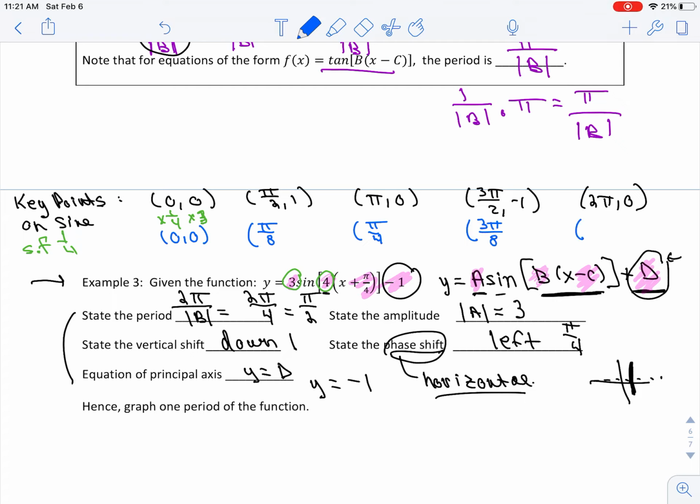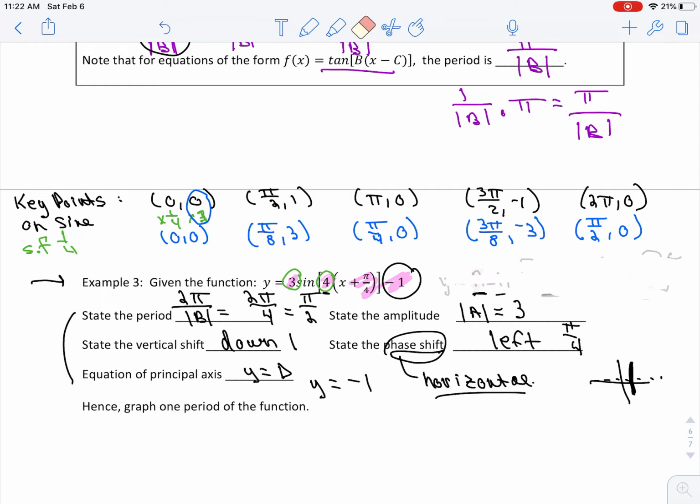And then I'll have 2 pi over 4, which is the same as pi over 2. All right, then I'm going to go through and multiply all my y values by 3. So this next one will be 3. The next one will be 0. Next one will be negative 3. And then the last one will be 0 again. I'm going to get rid of some of this because I need some room to do the next line.